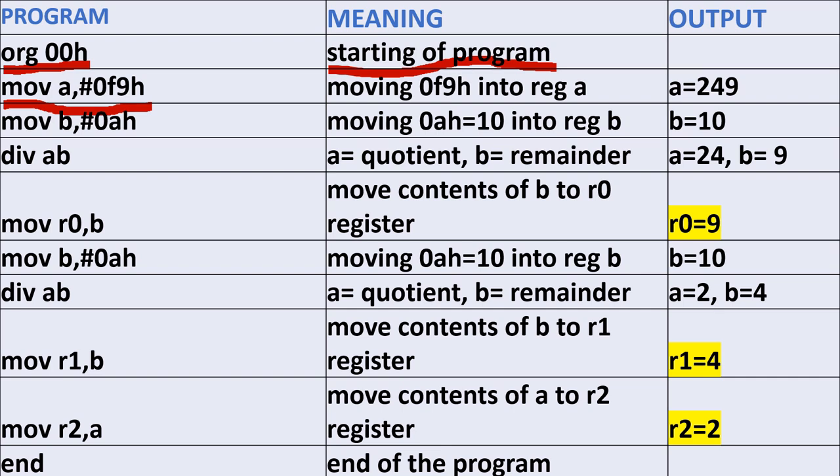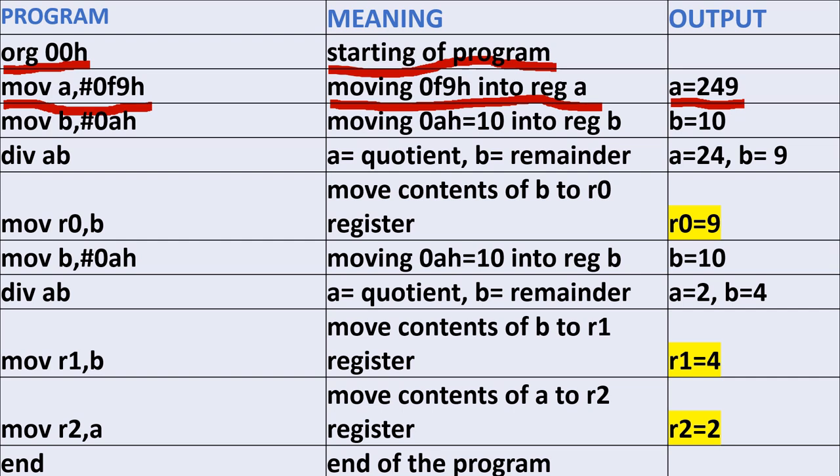The meaning of this line is we are moving the hexadecimal number that we want to convert into its decimal equivalent into register A. As an output, I have taken A equal to 249 because when we do the calculations, we need its decimal equivalent, and therefore I have mentioned A equal to 249 as an output.